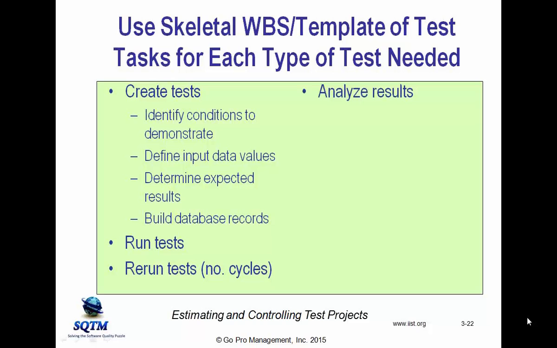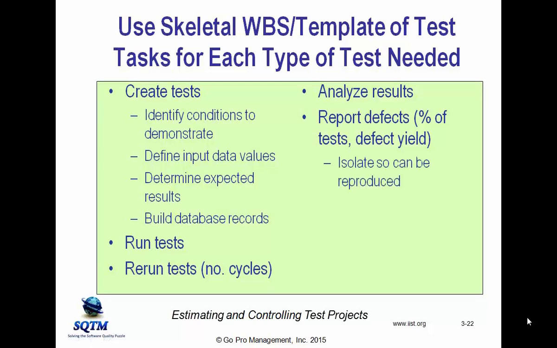Now, when you're running tests, the fact is that executing the test is typically the shortest or the smallest portion of what goes on. The thing that takes time is defects. So we have to analyze our results, and when there are defects, then it takes additional effort, okay? Additional time to do what's called defect isolation, which means identifying what went on that led to the defect so that the developer can reproduce it.